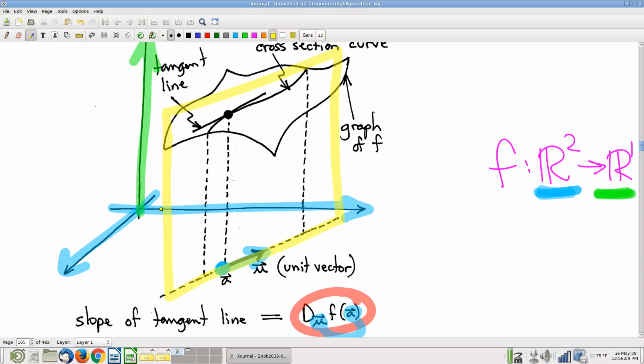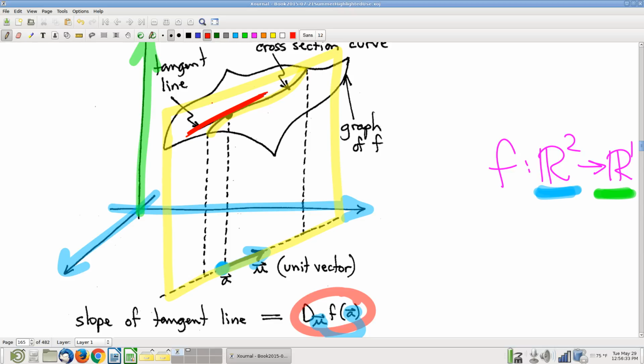If you look at the cross section inside of this plane, cross section of that graph, the cross section is going to give you this curve. That curve has a certain tangent vector. Tangent line. The unit directional derivative is the slope of that tangent line.